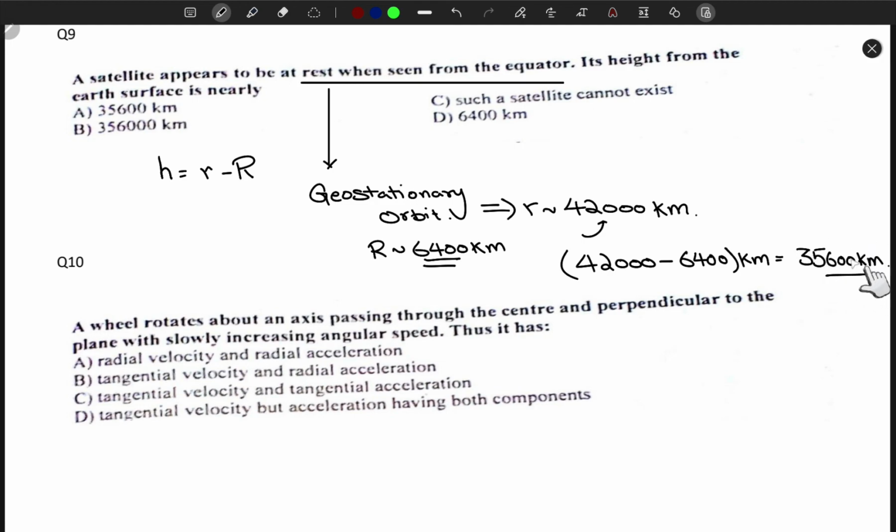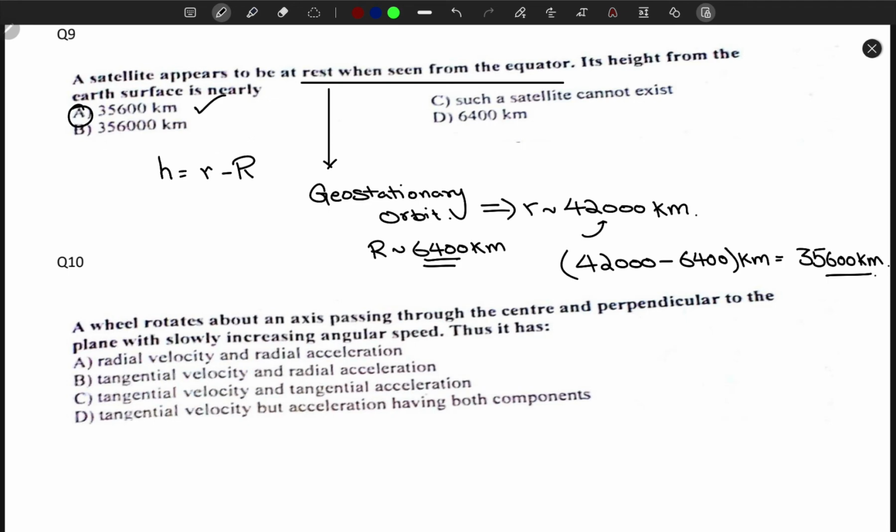So that's the height from the Earth's surface of this satellite, which appears to be at rest. So that's 35,600, and that's our option A. So we'll choose A.